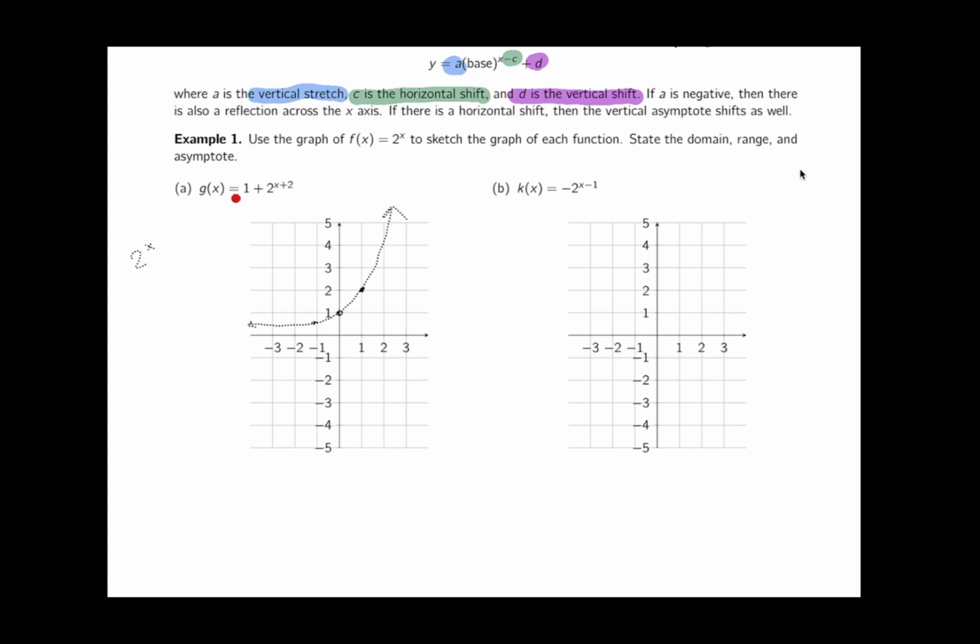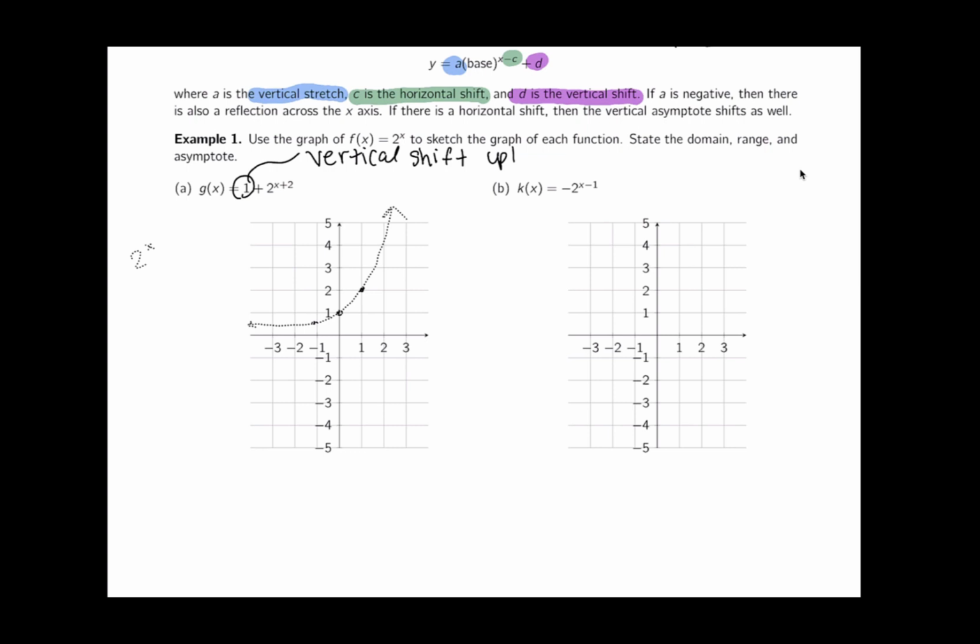So in this one, I have a plus 1 out here. And since that plus 1 is not up in my exponent, this is going to be like my d. This is going to be a vertical shift up 1 unit. This time the plus 1 was in front of my exponential as opposed to after my exponential like d is there. But that's okay.